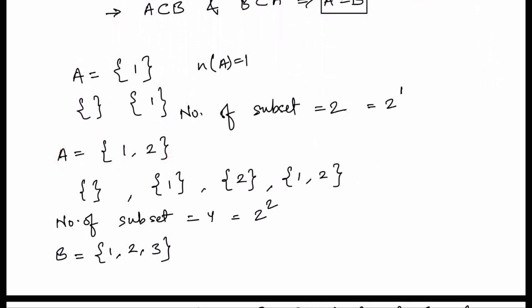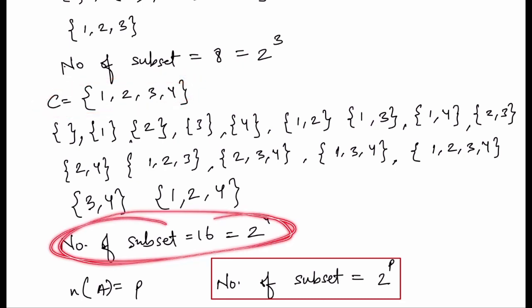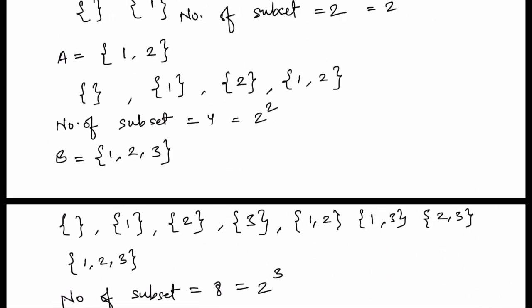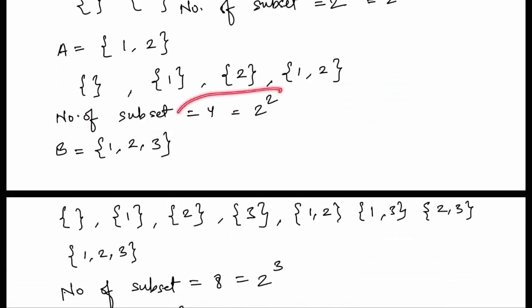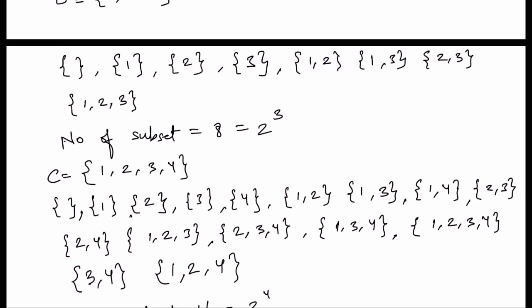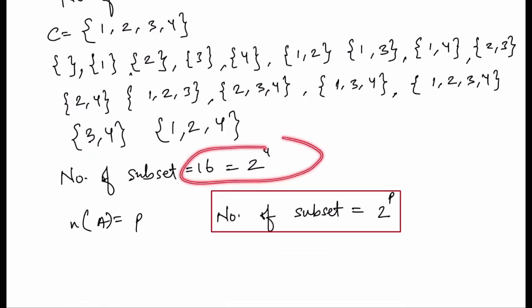With 2 elements, the number of subsets was 4. With 3 elements, the number of subsets was 8. With 4 elements, the number of subsets was 16. So we have formulated that 2 can be written as 2 power 1, 4 as 2 power 2, 8 as 2 power 3, and 16 as 2 power 4.